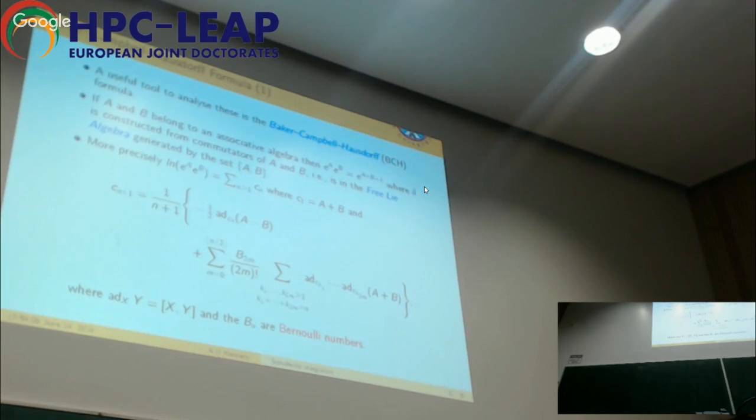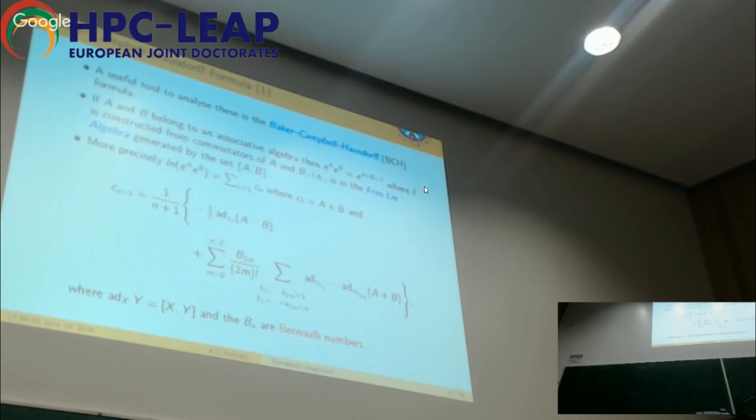But what the formal expansion says is that A plus B plus delta, which is the logarithm of e to the A times e to the B, is the sum for n greater than or equal to 1 of Cn, where the coefficient C1 is just A plus B. That's what would happen if A and B commuted, so the remaining terms would be 0.